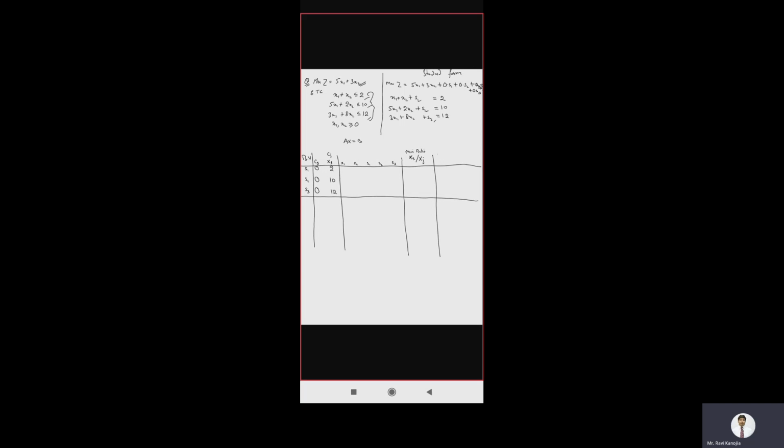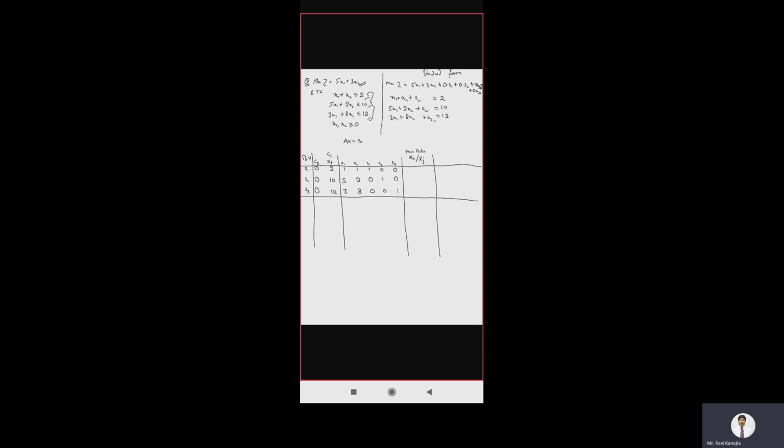Now we have x1. The x1 coefficients are 1, 5, 3. Similarly, for x2, 1, 2, 8. And for the slack variables, the rows are 1, 0, 0, then 0, 1, 0, and the last one 0, 0, 1.